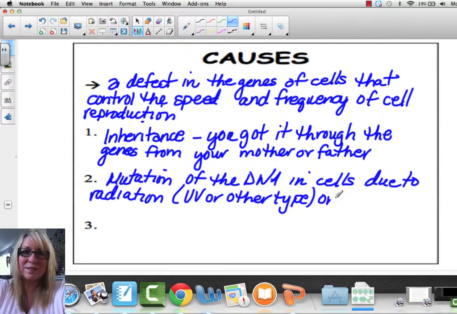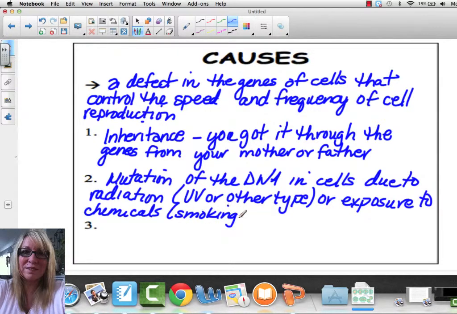Or exposure to chemicals. Meaning like smoking, that's why we say don't smoke. And there's other ways, other chemicals as well.